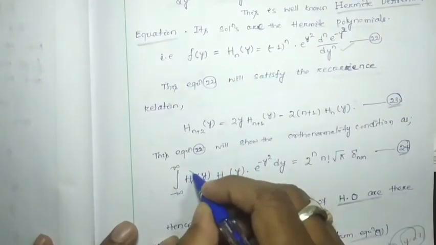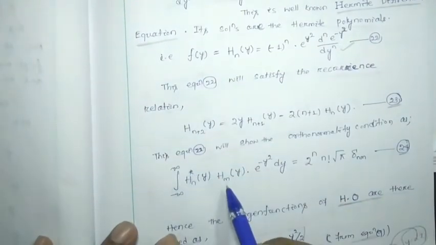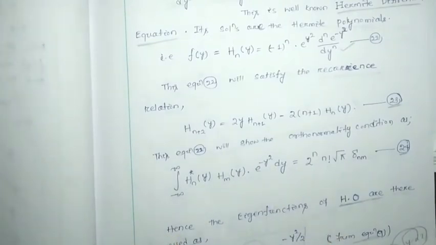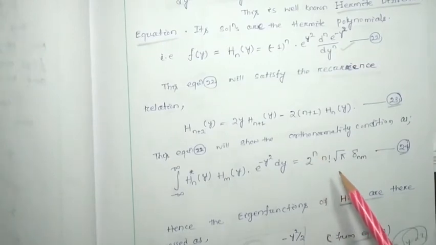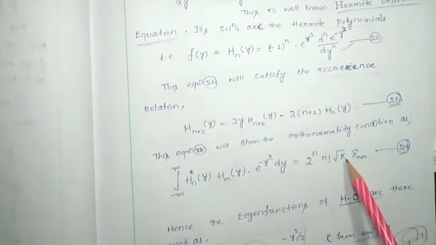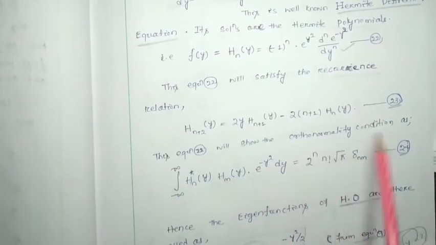The integral of Hn star y Hm y e to the power minus y square dy equals 2 to the power n n factorial root over pi delta nm, which is called the orthonormality condition.